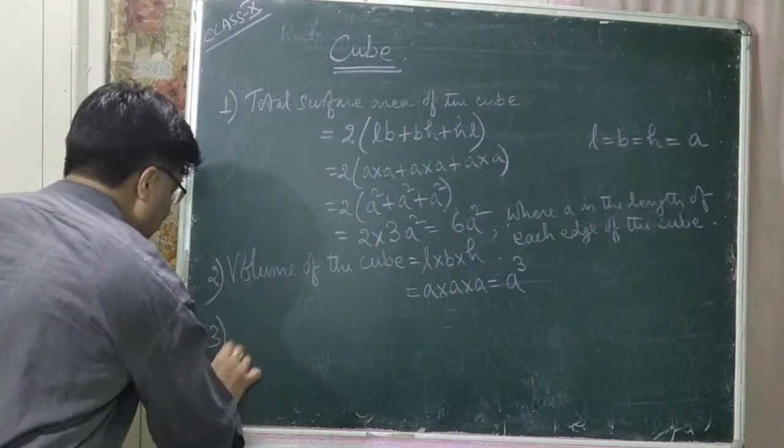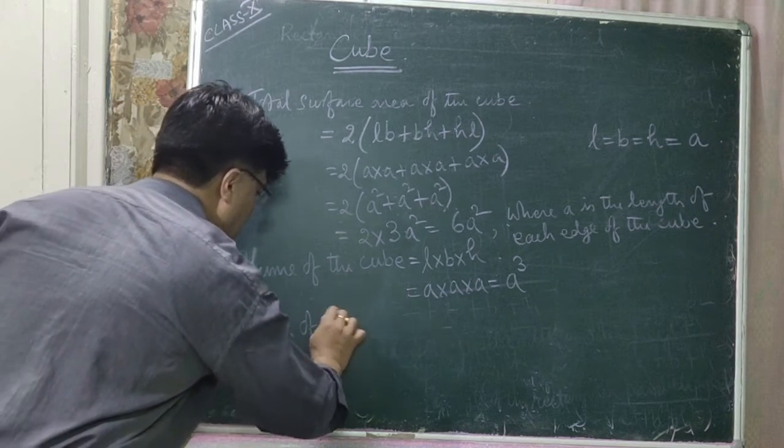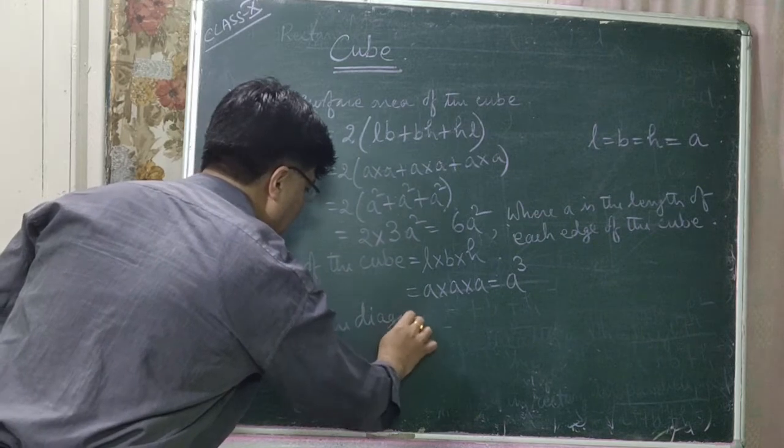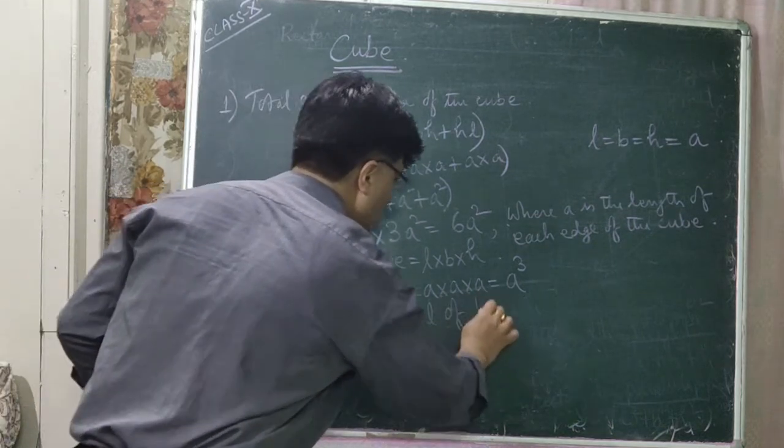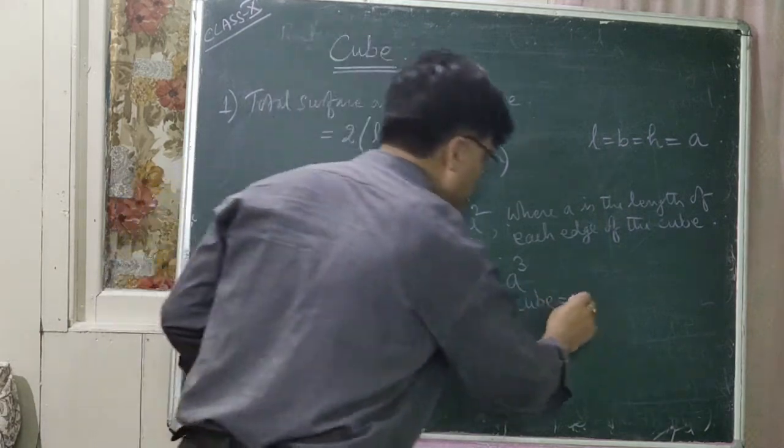And then next, length of the diagonal of the cube. Length of the diagonal of the cube is equal to, what is the formula first?